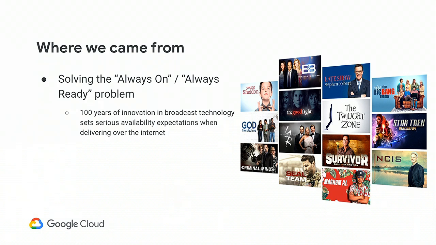We've got about 100 years of innovation in the broadcast space already. And that's set the standard for what the expectations are for a company that is doing broadcast, whether it is through the traditional broadcast media or whether it is delivering that content over the internet.